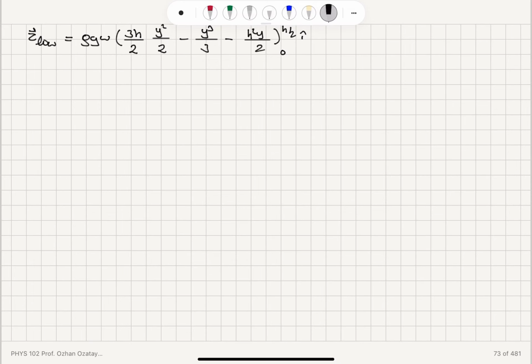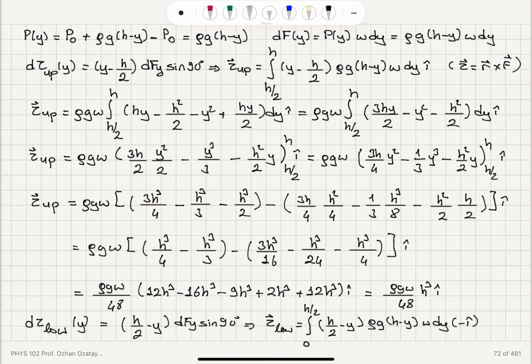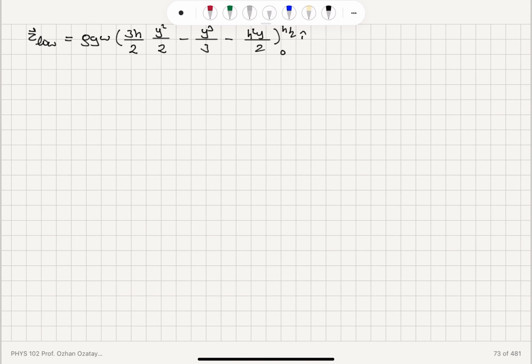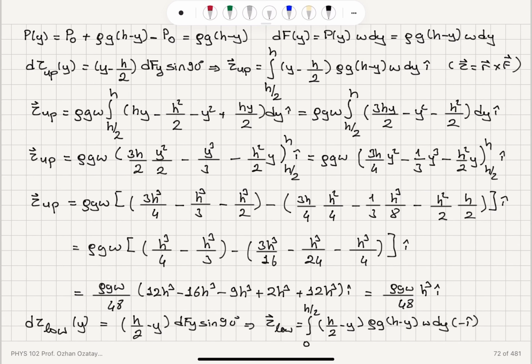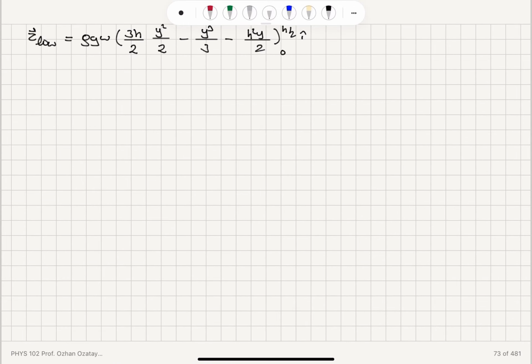So let's check. That's the result obtained here: 3hy squared over 4, minus 1/3 y cubed, minus h squared y over 2. So I've copied that result here, but it will be evaluated between 0 and h over 2. Now this becomes rho g w.